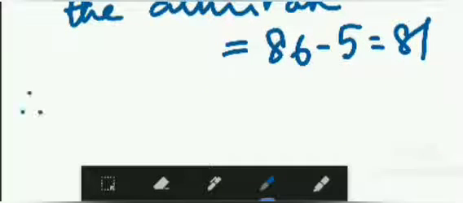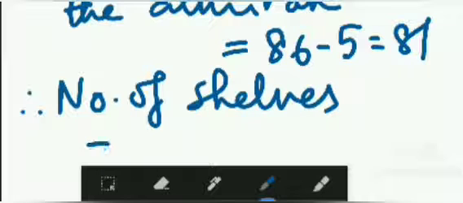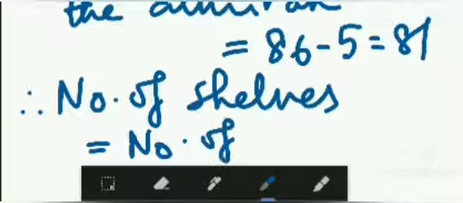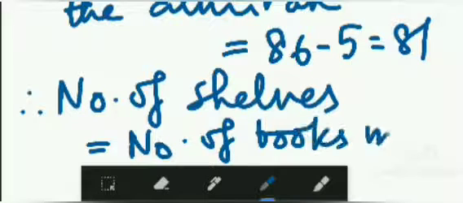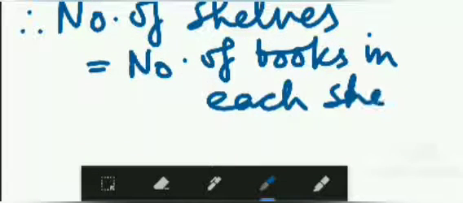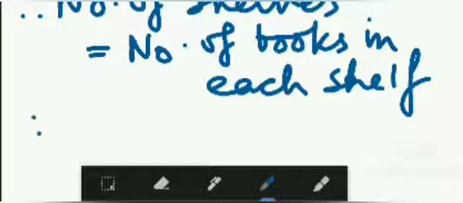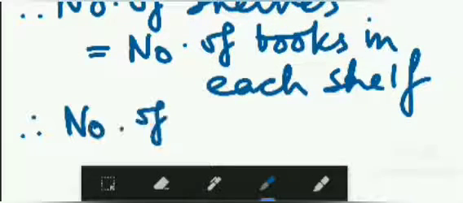And now write down number of shelves equal to number of books in each shelf. Each shelf is singular and shelves is plural, so number of books in each shelf. Now write down therefore number of, what is the question?